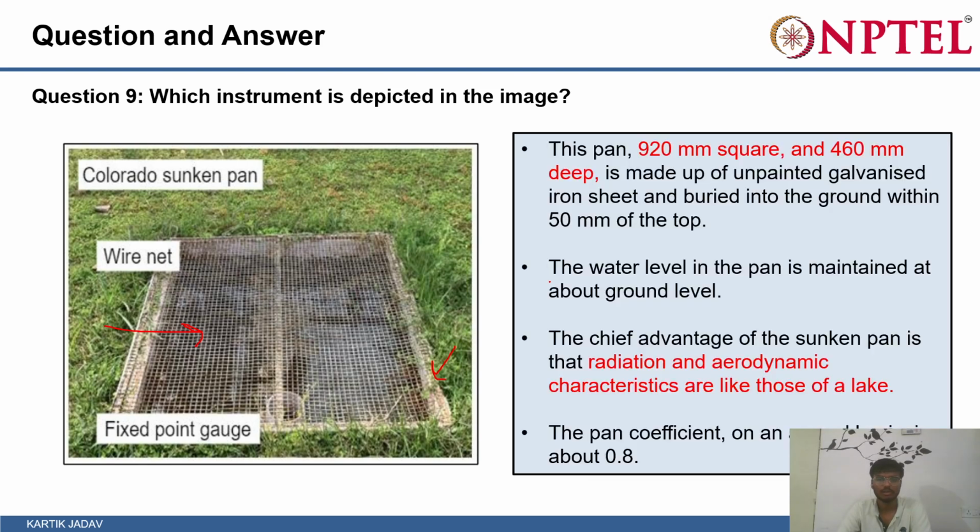So this measures the actual lake evaporation, because it has all the impact related to natural lakes, and the pan coefficient in this case is 0.8.